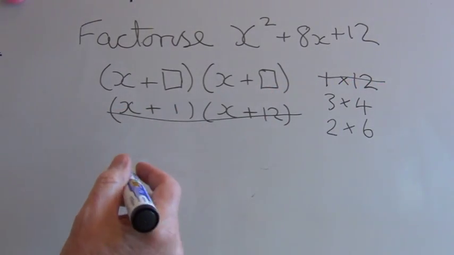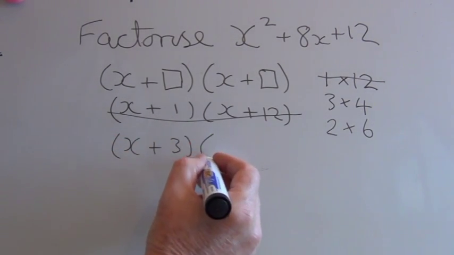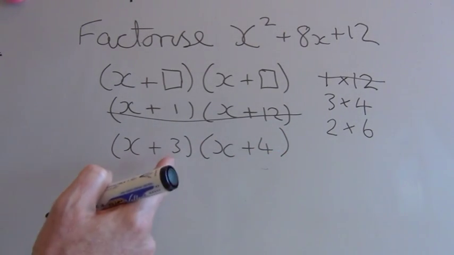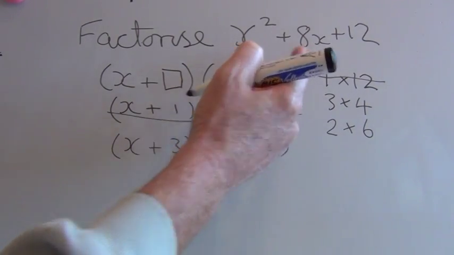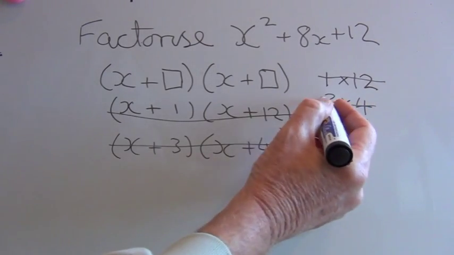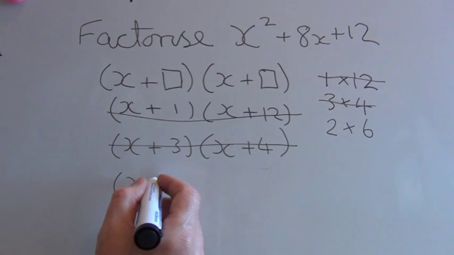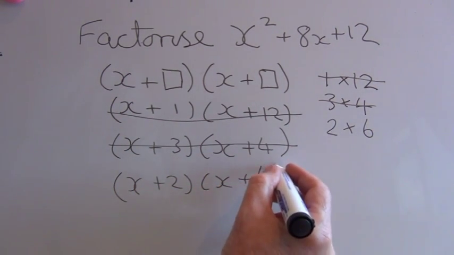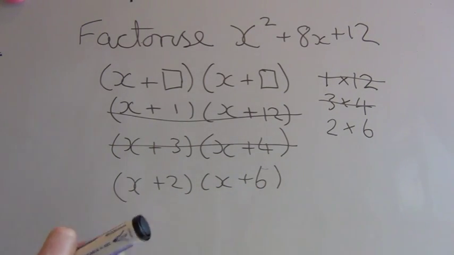So let's have a look at 3 times 4. So we have x plus 3, x plus 4. So we have 3 times x and 4 times x, which gives us 7x. So we want 8x, so this one's out as well. So let's have a look at this one. x plus 2, x plus 6. 2 times x is 2x, 6 times x is 6x.